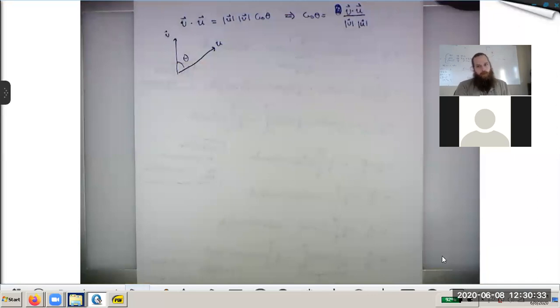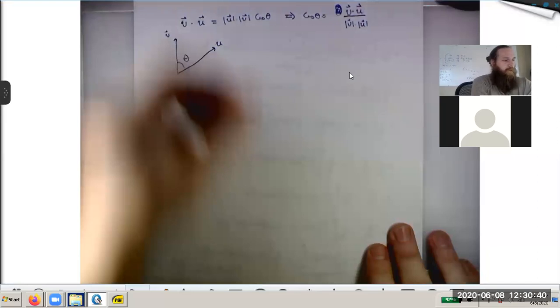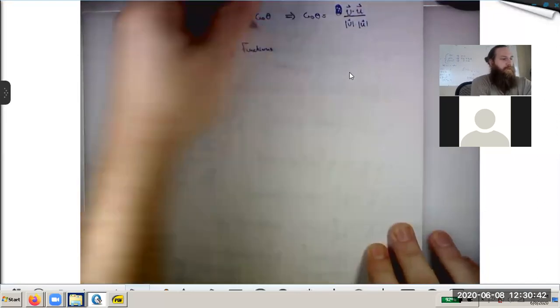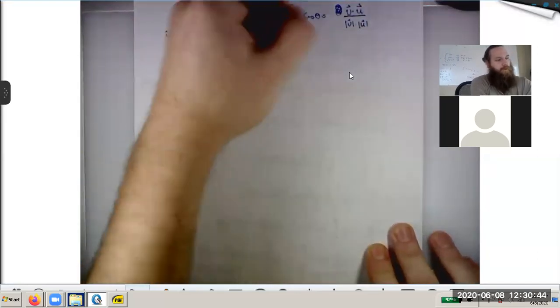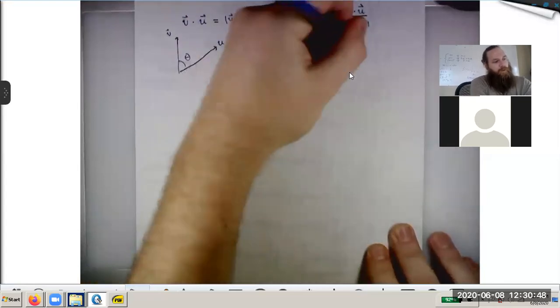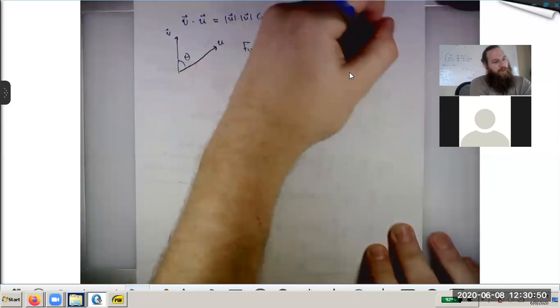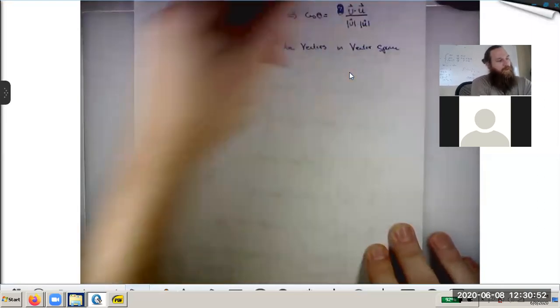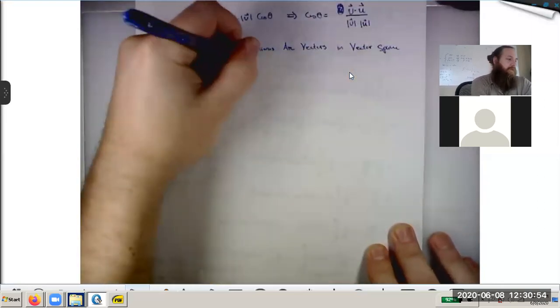Functions are vectors. Functions are also vectors in the vector space of continuous functions.